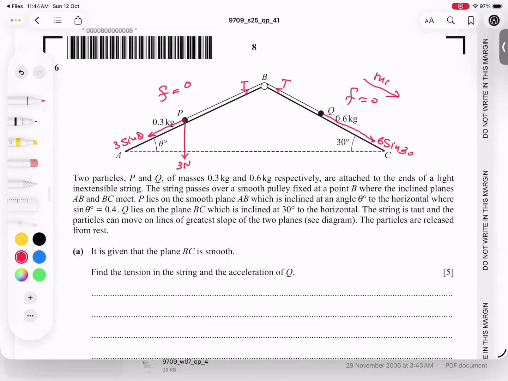So motion is this way, and the other will move up. So I will start from here. And what is the basic formula we use? We'll use the formula net force equals ma. We use this formula twice.